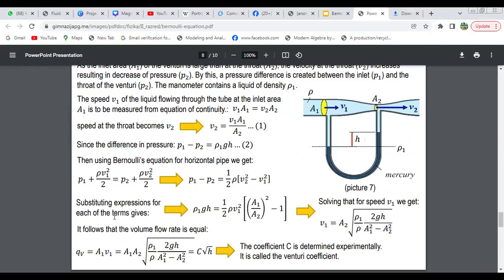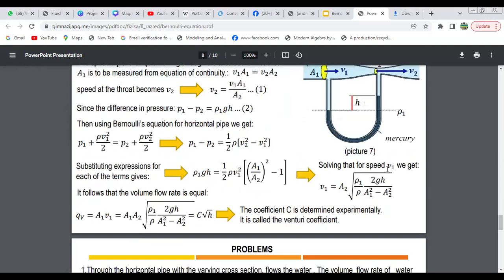Now substitute the expression for each of the terms, rho 1 G S equals this, using equation number 2 here. Here we get this. Now solving for the speed, B1 equals this. It follows that the volume flow rate is Q equals A1 B1, which equals this, where the coefficient is determined experimentally and is called the Venturi coefficient.